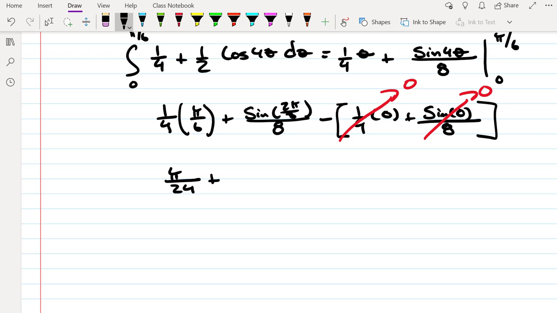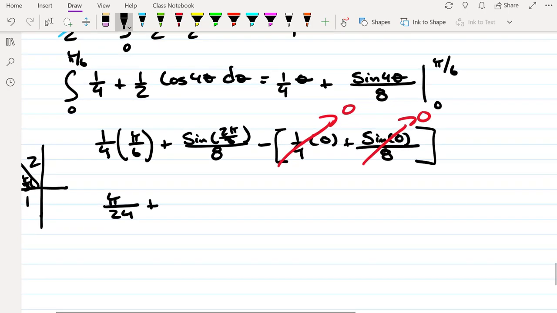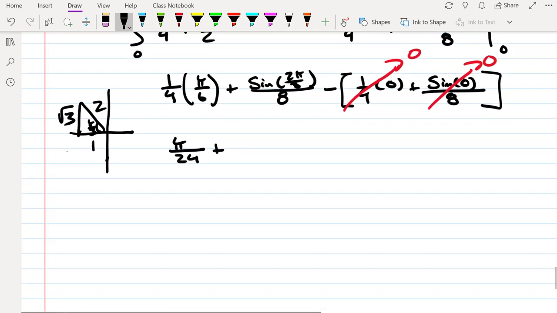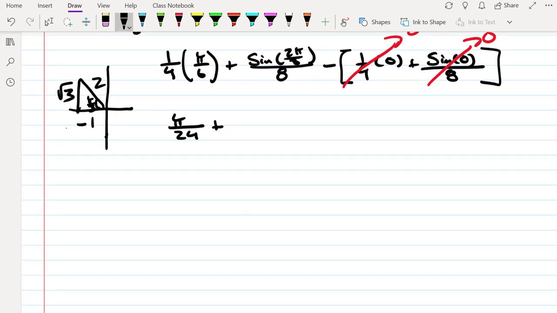plus the sine of 2 pi over 3. 2 pi over 3 is in the second quadrant, which means its reference angle is pi over 3. That's a 1, 2, square root of 3 triangle, but in quadrant 2 our x is negative.